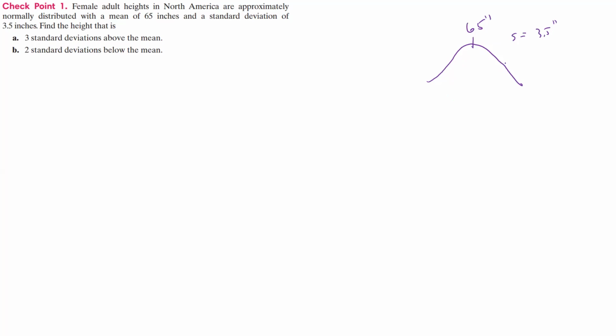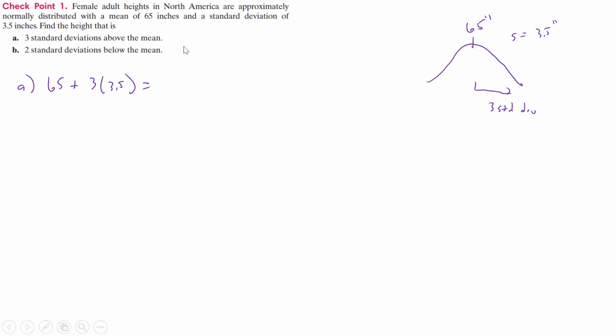So what it wants us to do is find the height that's three standard deviations above the mean. So for A, we're going to take our mean, 65, plus 3 times the standard deviation, which is 3.5, and figure out what that is.